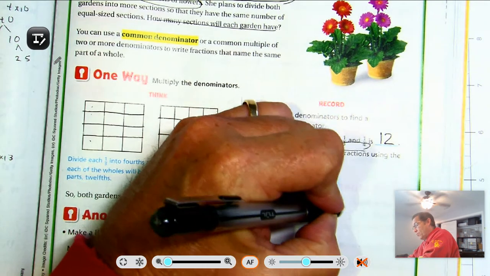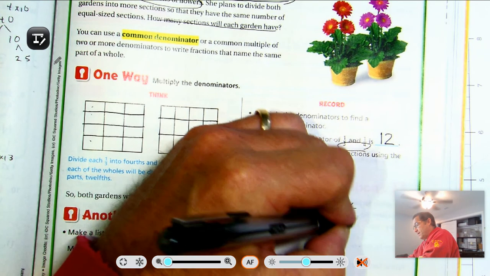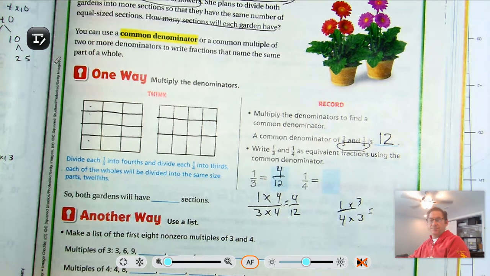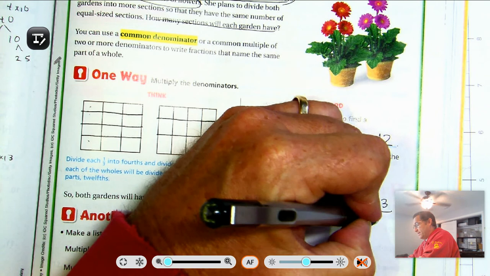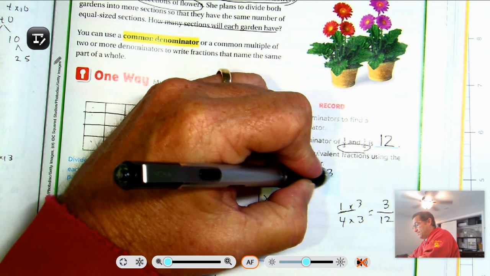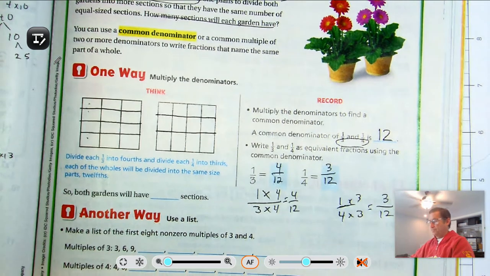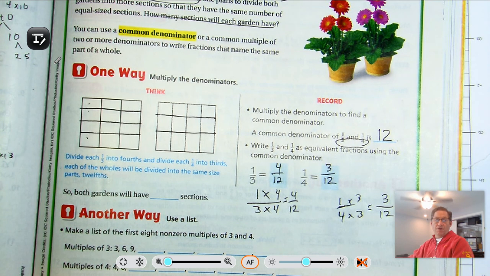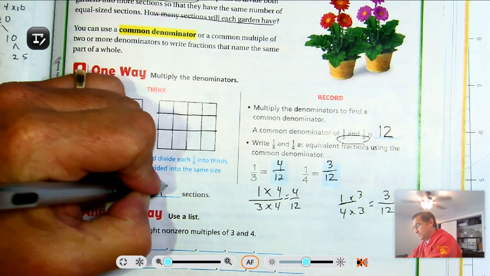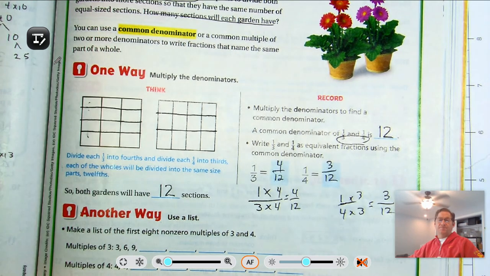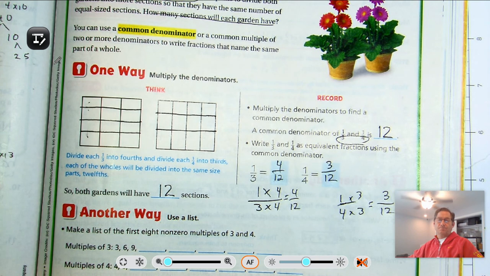If we take 1/4 and multiply it by 3, we would get 3/12. So both gardens will have 12 sections. Okay, so that's one way. Just multiply the denominators.